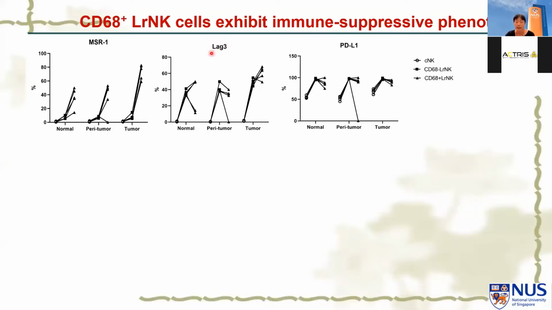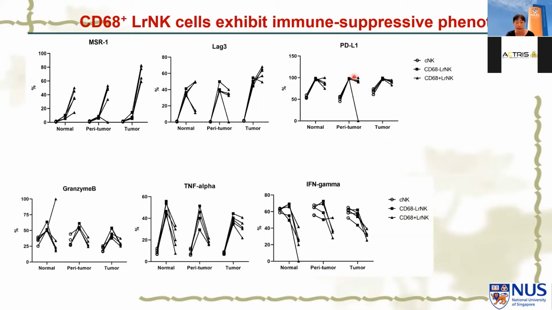It's an inhibitory molecule on the surface of T cells and NK cells. So you can see in the tumor, LAG3 is higher, and the CD68 positive liver resident NK cells have even higher LAG3 expression. PD-L1 is higher in liver resident NK cells, both CD68 positive and negative.